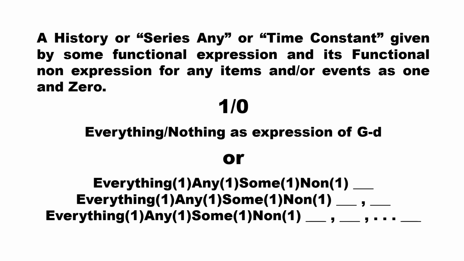Here I have principal numeric object 1 as expressing an open domain, a singular, paired, and multiple objects. Variations of these expressions would give a different history of any so-called items and or events history expression.